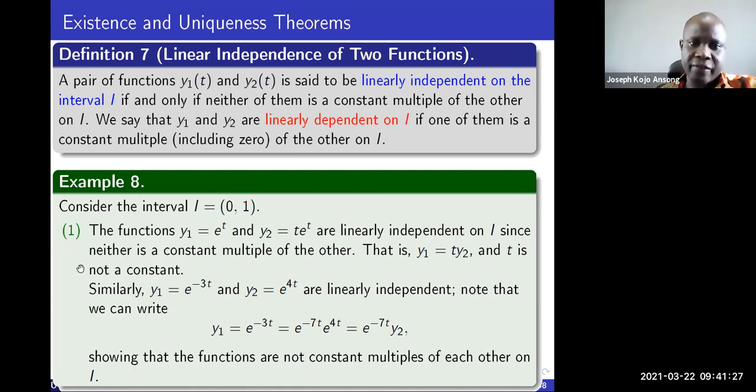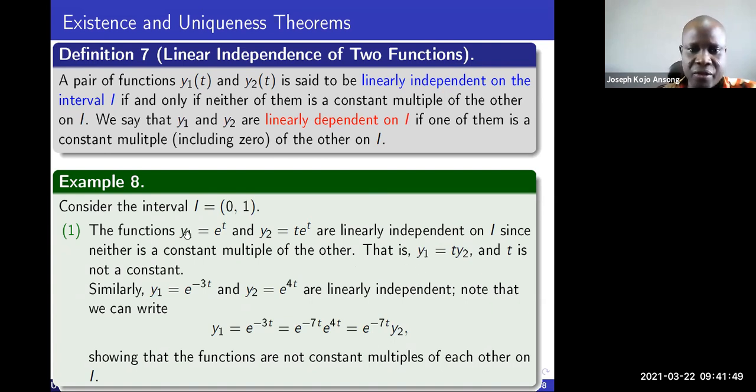Okay, so consider the interval I. This can be any interval actually for these examples. The functions y1, e to the t, and y2, which is t times e to the t, are linearly independent on the whole real line, since neither of them is a constant multiple of the other one.